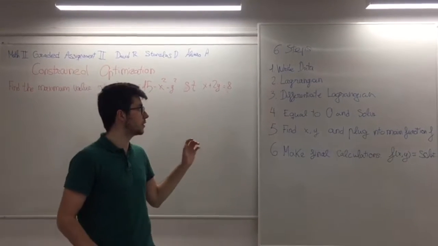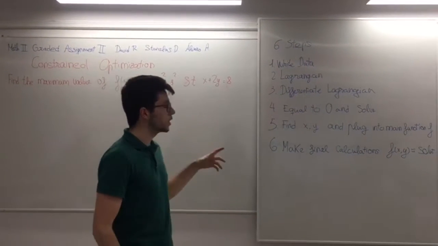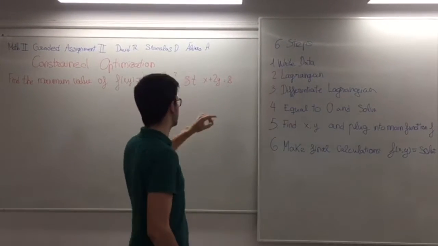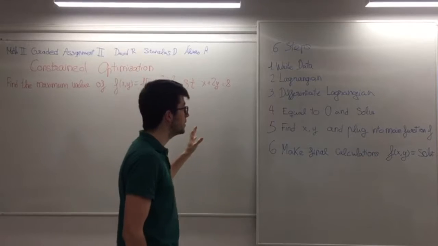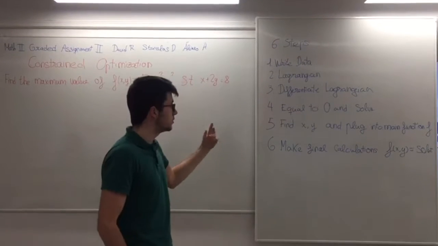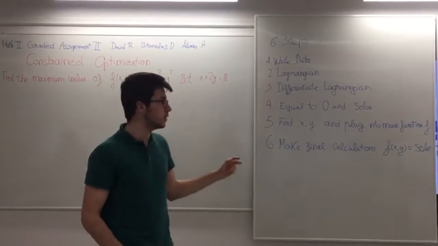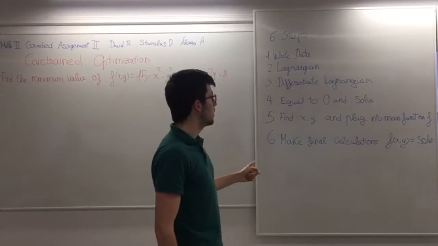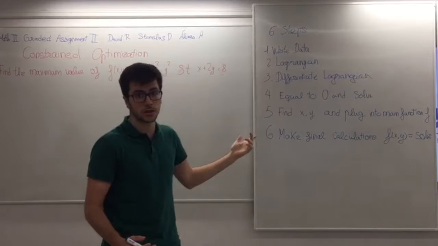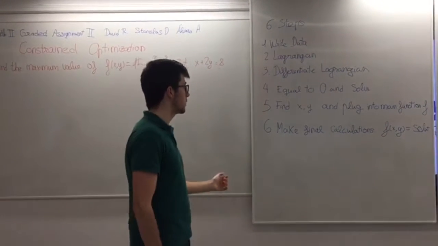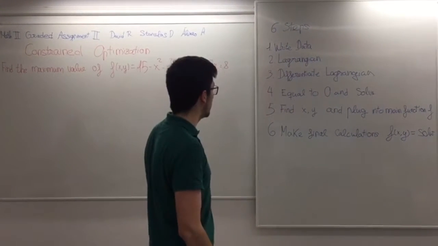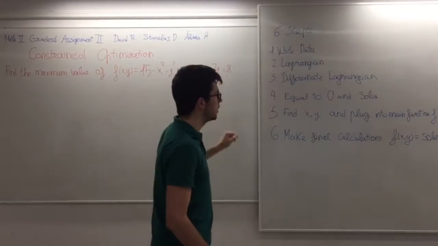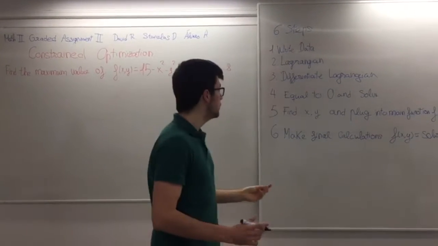To solve these exercises, we're going to sum it up into 6 steps. The first is to write the data of the exercise. The second is to use the Lagrangian function, putting these two functions into it. Then we will differentiate the Lagrangian with respect to x and with respect to y, and also include the main constraint function.